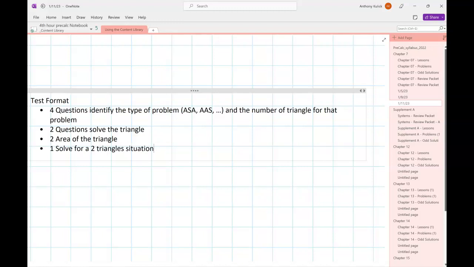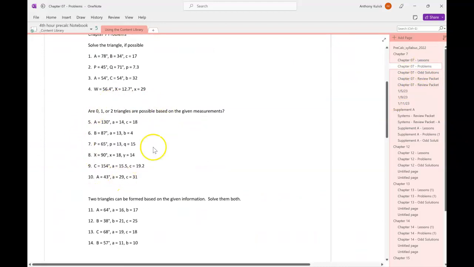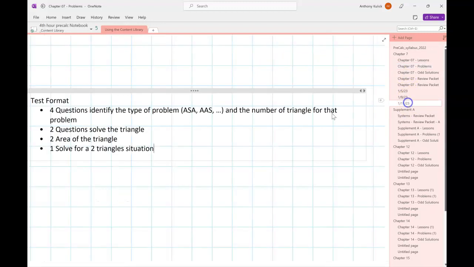So I tell you that there's 2 triangles and I ask you to find the 2 sets of solutions. So this is just like, in the homework, what was it? It was like problems 11 through 14, where I've told you that there's a 2 triangle situation and you just need to find the 2 sets of answers. That's it. That's the test.